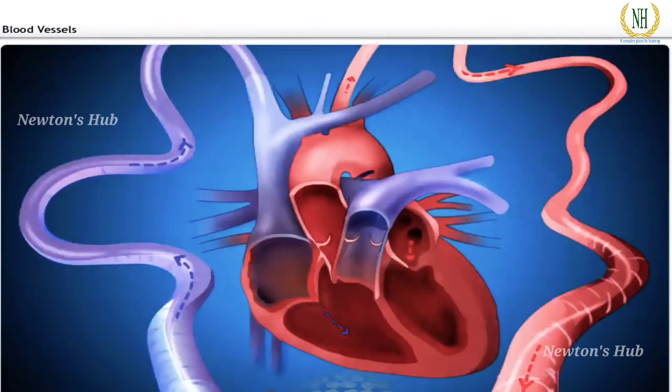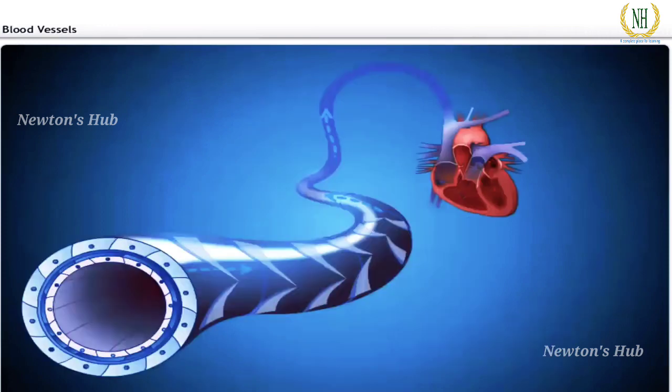This is because the pressure of the blood that they carry is much lower than that carried by arteries. Due to the same reason, veins have valves that allow the blood to flow only in one direction. This ensures that the flow of deoxygenated blood is one way, only towards the heart.